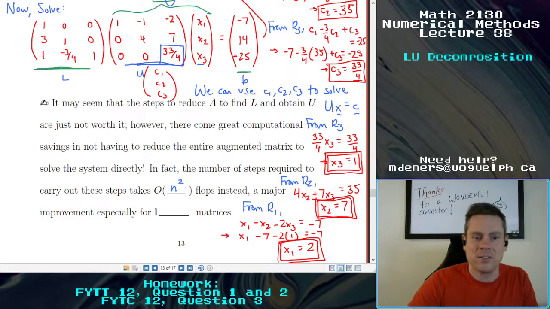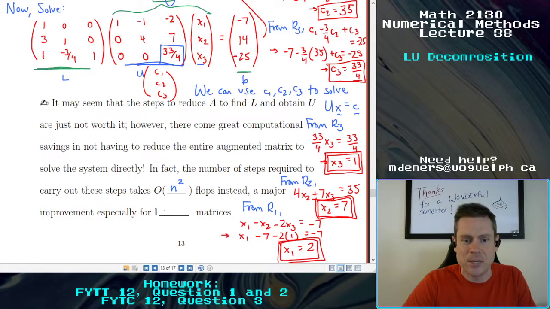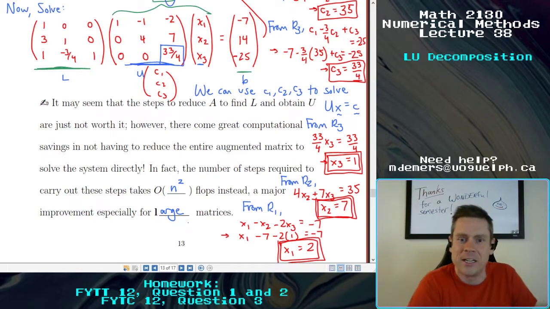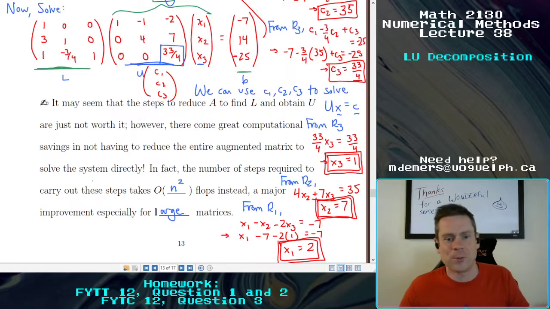So there is some major improvement, especially for large matrices. And I just like you to know how this works. Some of these matrix methods are really cool, and I just wanted to scratch the surface with this.